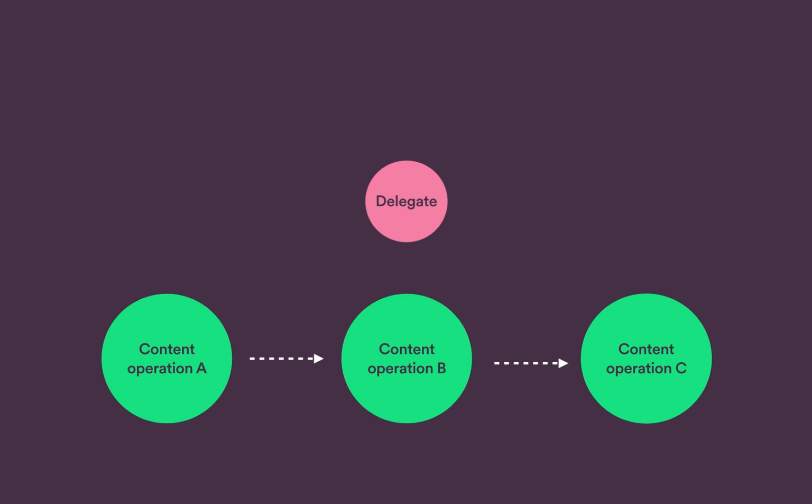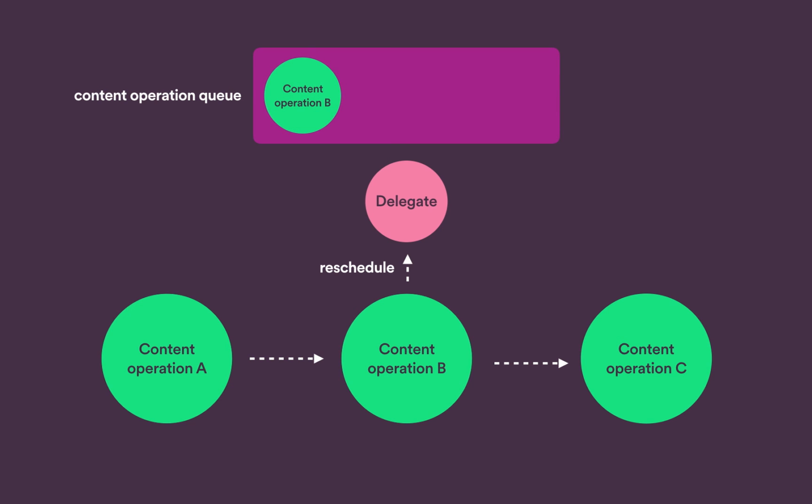And this delegate is maintaining a content operation queue which it uses to schedule different content operations and make sure that they get performed in sequence. Now, when you go ahead and reschedule an operation, let's say we reschedule operation B in this case, what's going to happen is that we're going to put operation B into the content operation queue so that whenever the queue is idle, we will perform this operation.